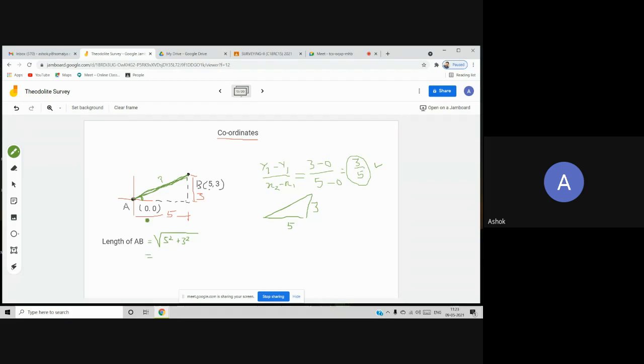What's the length of AB? Answer. 5.83. Okay, 5.83.